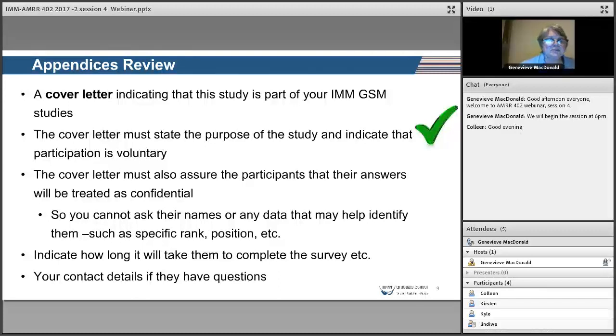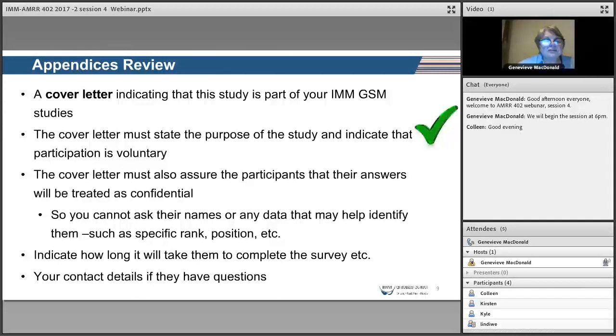The cover letter must also assure the participants that their answers will be treated as confidential, so you cannot ask their names and all kinds of identifying information that will make them not keen to answer your survey or focus group issues, because then they feel that their confidentiality may be breached.